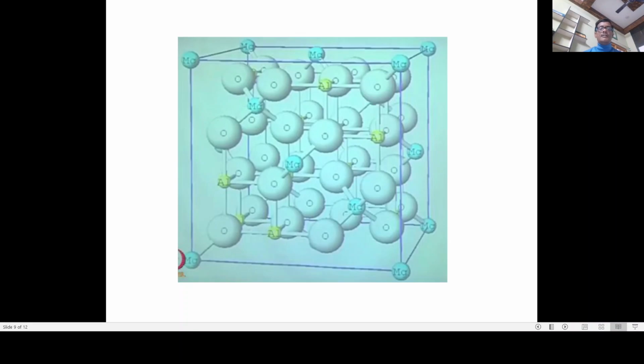This is the structure of the complex present in the tetrahedral field.